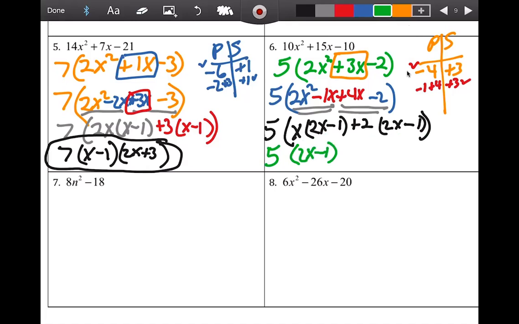Okay, so if I factor out the 2x minus 1 from that first group, what am I left with? X plus 2. Yeah, I have this x and I have the plus 2. That's it. Done.